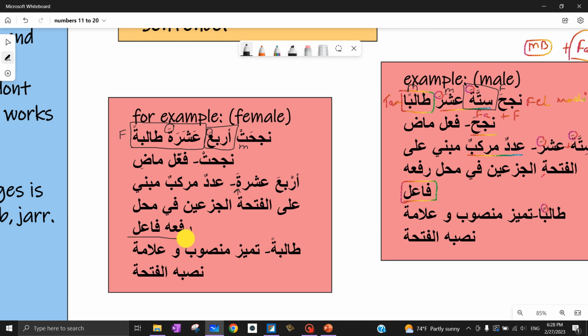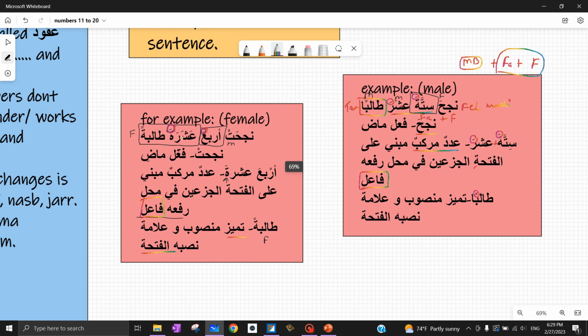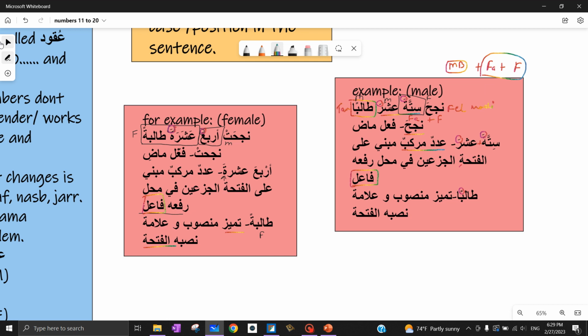It's the same here. Talibatan, since it's female here. So talibatan tamiz mansoob wa alamatu nasbihi al-fathatu, and here you can see it is in the position of fa'il even though it has a fatha over here. So this is the I'rab for the numbers from 13 to 19.